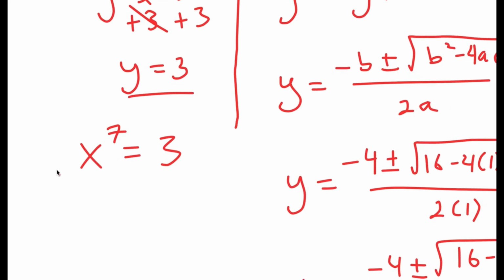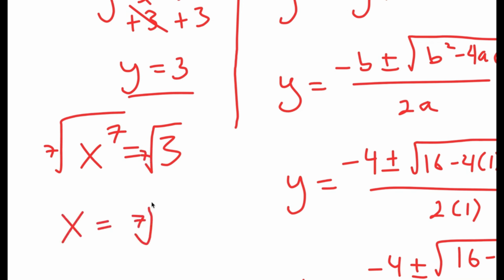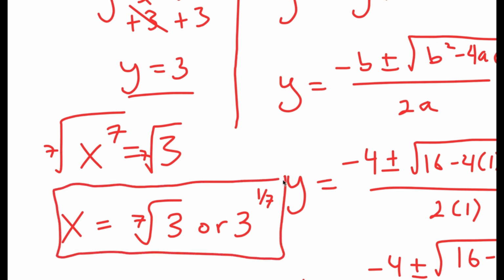And now to solve this, I'm going to take the 7th root on both sides. The 7th root of x to the power of 7 is x. So I get x is equal to 7th root of 3. Or I can also write this as 3 to the power of 1 over 7. So this is my solution to this problem.